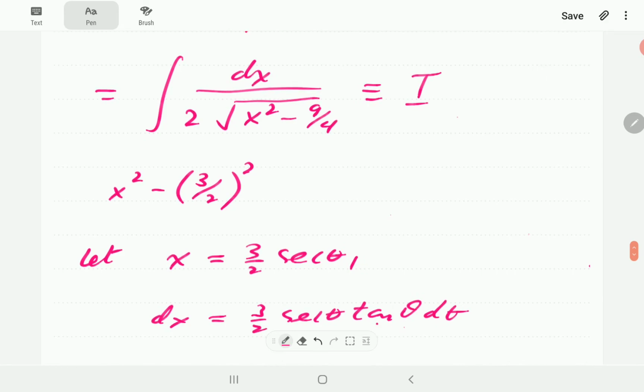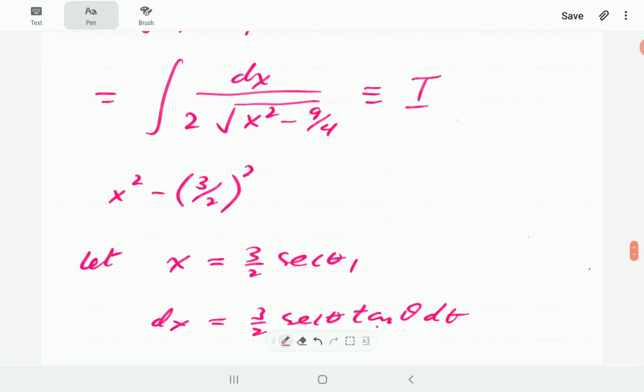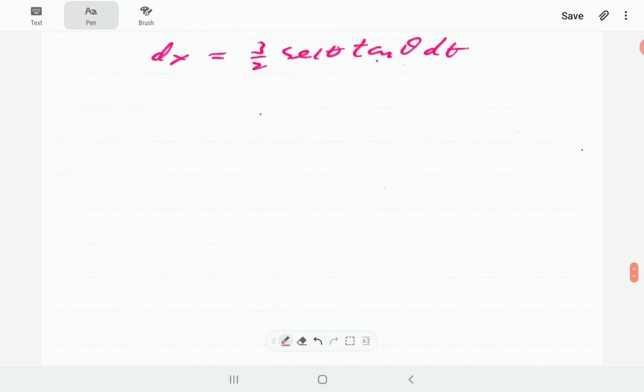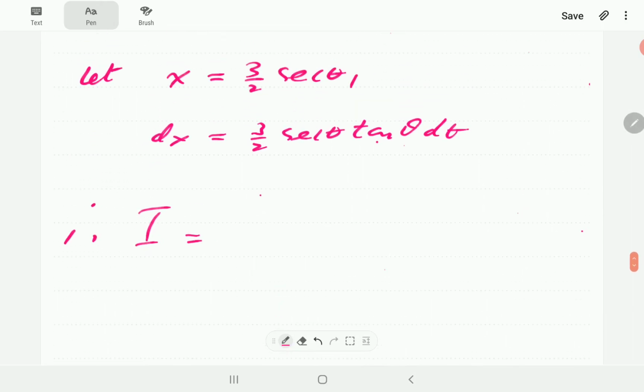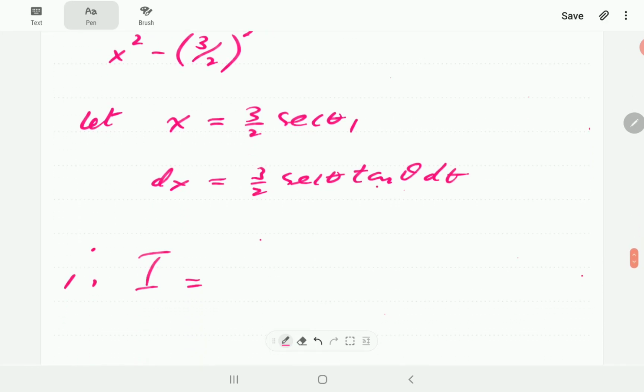Then we can rewrite this integral. So I is going to be, remember, we've got that 1/2. dx is 3/2 secant theta tangent theta d theta.